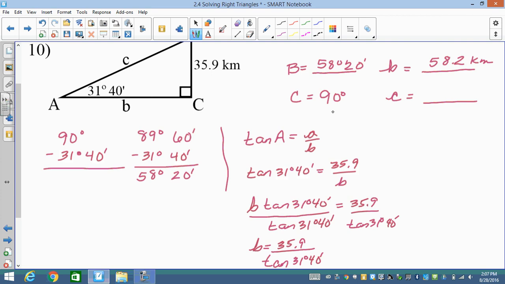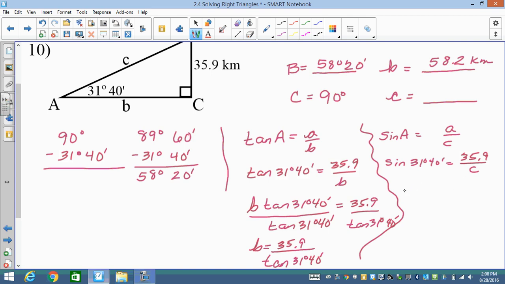And now we're left with little c. For little c, again, we're using a. So now it's going to be a over c. We're going to have a over c. And a over c is sine. So sine of 31 degrees 40 minutes equals 35.9 over c.